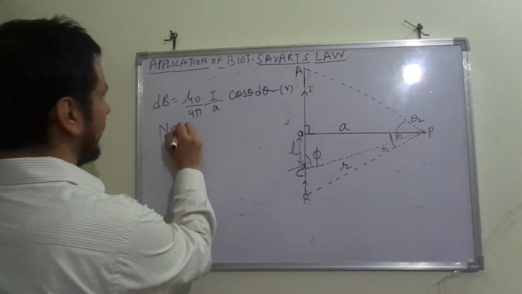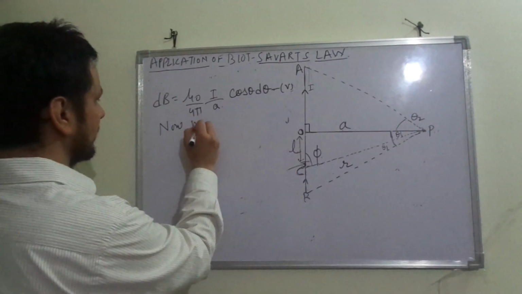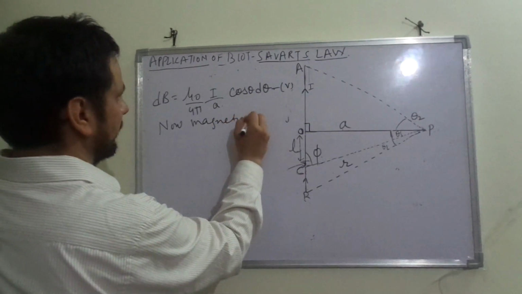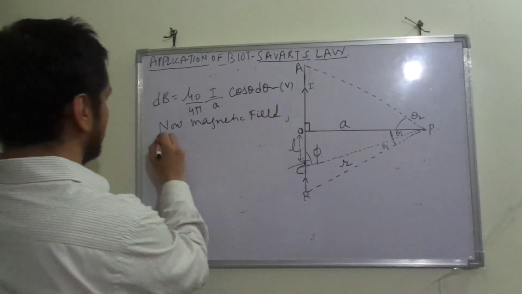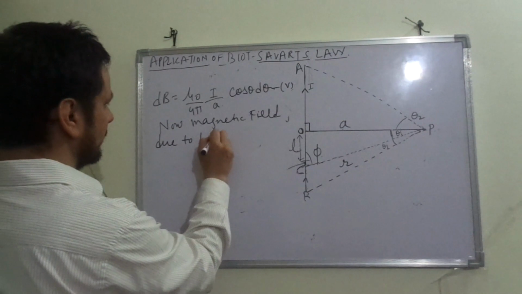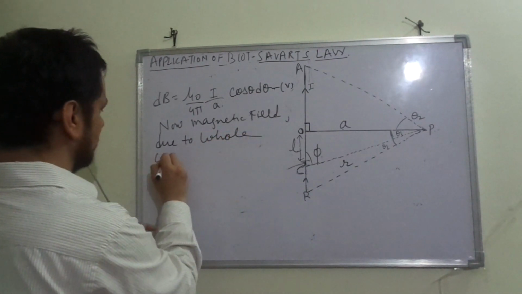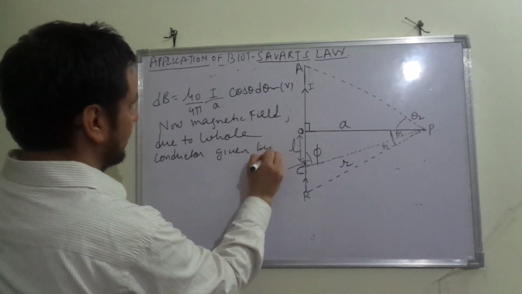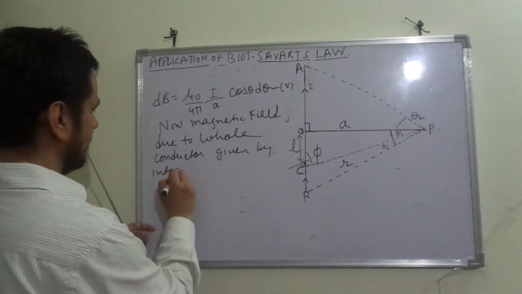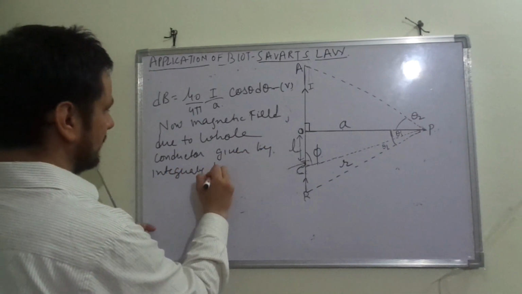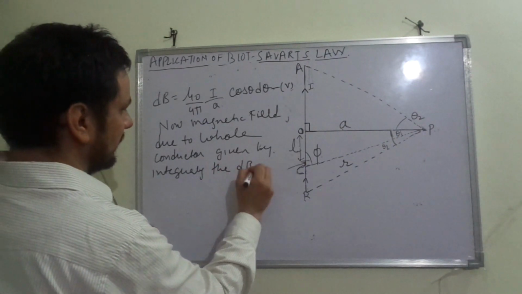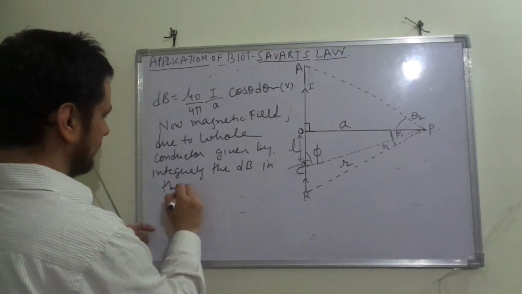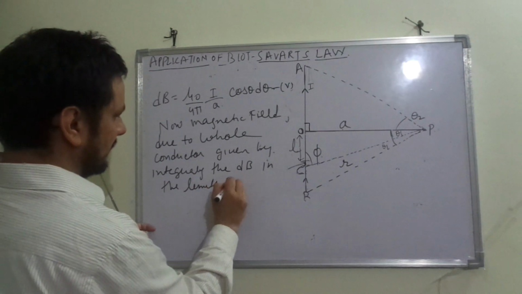Now, the magnetic field due to the whole conductor will be given by integrating dB in the limits minus theta 1 to theta 2.